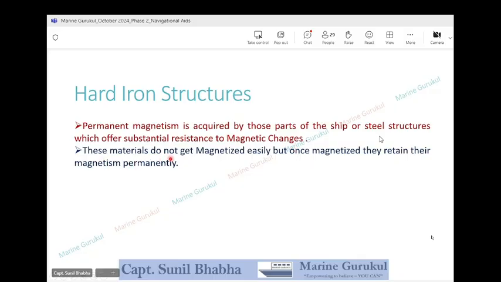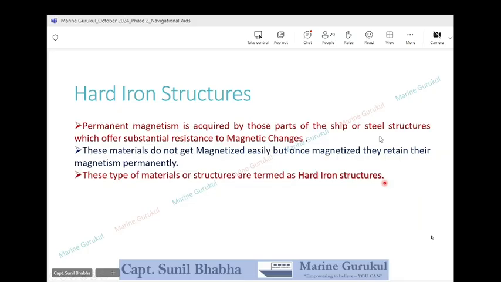These materials do not get magnetized easily, but once magnetized, they retain their magnetism permanently. These types of materials are termed hard iron structures. So basically the ship is divided into these two kinds of structure, the soft iron and hard iron structures.